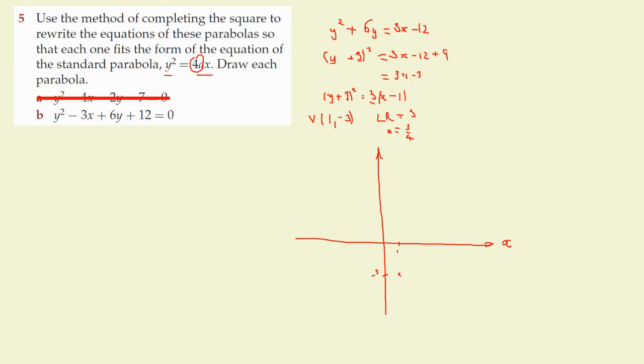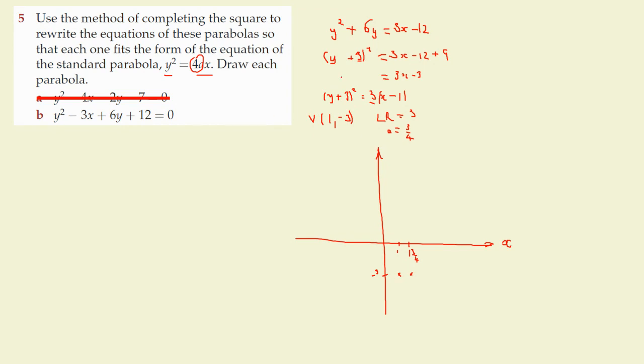So I will move another 3/4 in this direction to get to where the focus is going to be. So my focus will be just 3/4 further along, won't it? So that's going to be 1 and 3/4, and my focus is still on that position, 1 and 3/4 and minus 3. That's where my focus is.